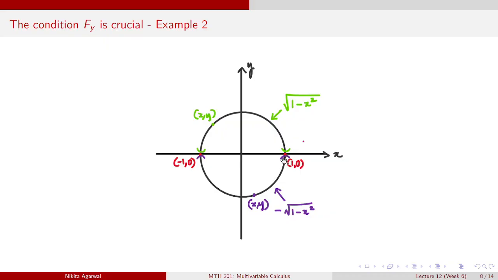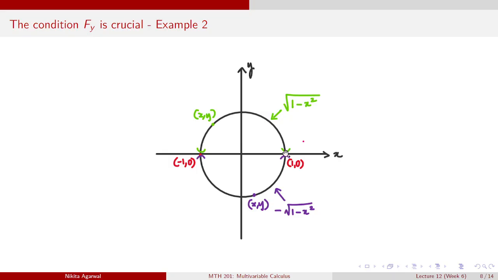And what happens around this? So what is the equation of this circle? x square plus y square equal to 1. So if you want to write y as a function of x, there are two options. One is plus square root 1 minus x square. Other is minus square root 1 minus x square. So if I am at this point (1, 0), then around this point there'll be two definitions, right?